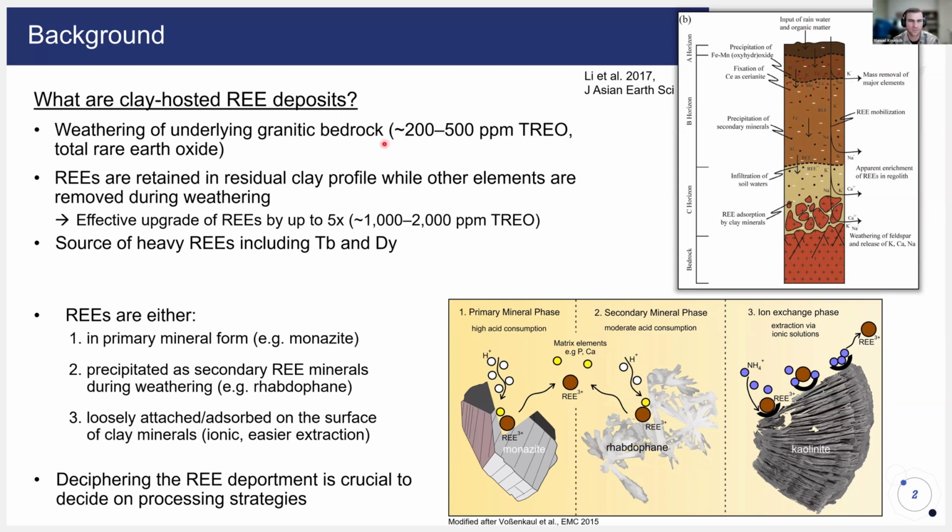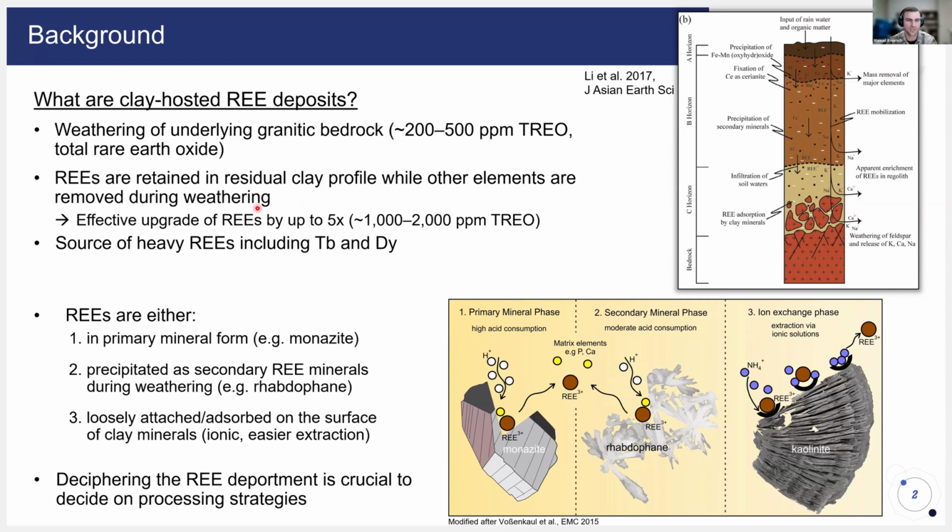When that granite is weathered, what's left in the end is just halloysite, kaolinite, and maybe some smectite or other clay minerals. All other rock-forming minerals like quartz, feldspars, and mica are removed or turned into clay minerals, but the rare earth stay there.